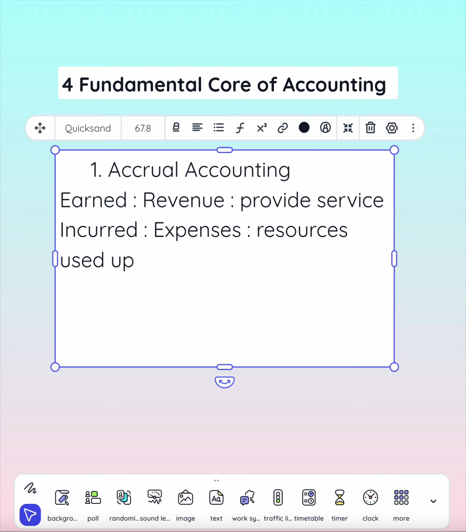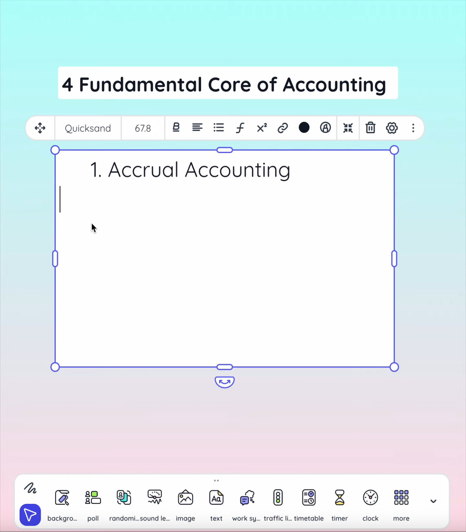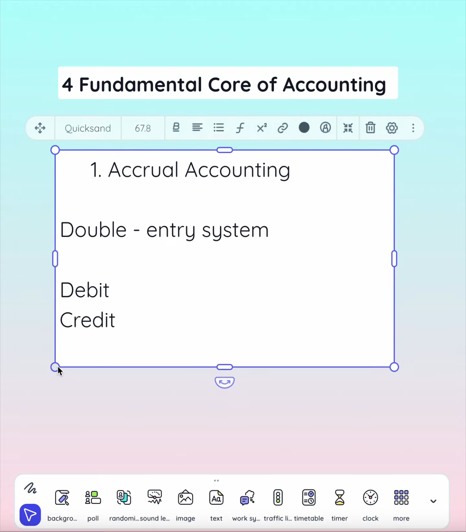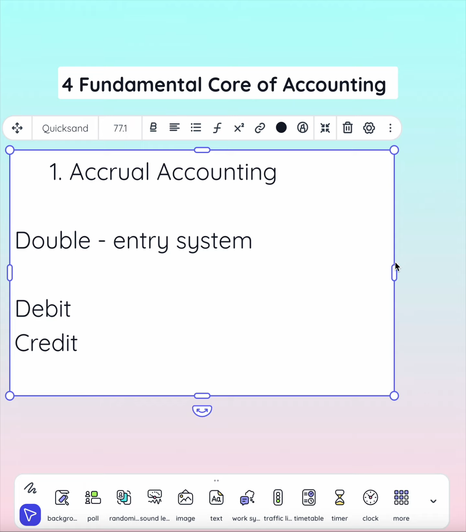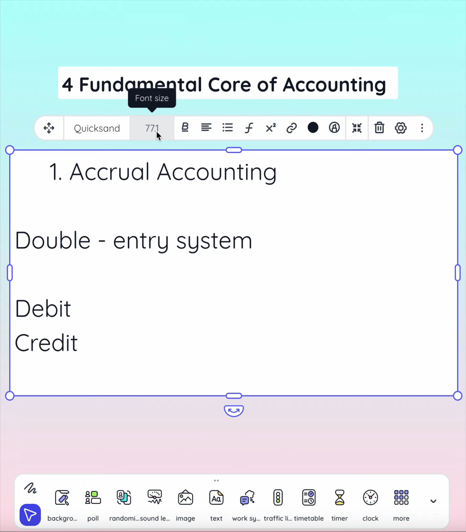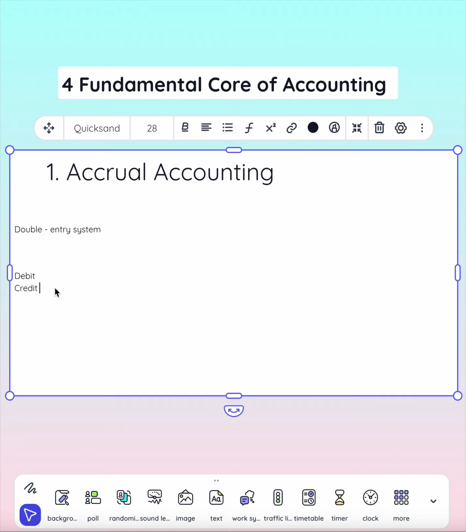Okay, so now let's also understand an important concept called the double entry system, which consists of debit and credit.